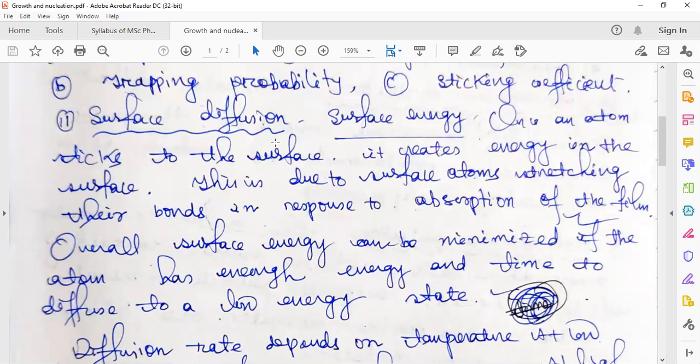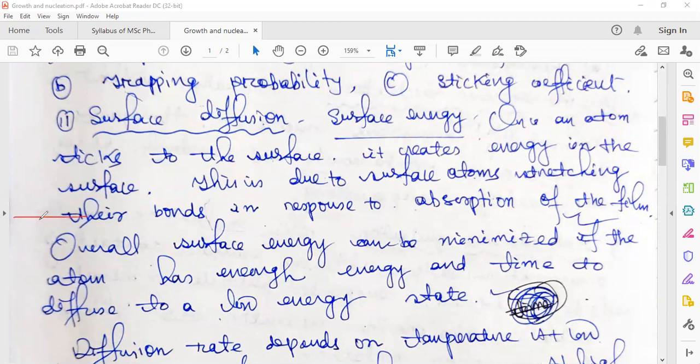So absorption, then the surface diffusion. When we talk about surface diffusion, this term surface energy has to be considered. Surface energy means the energy that atoms experience on the surface. How can I explain this?